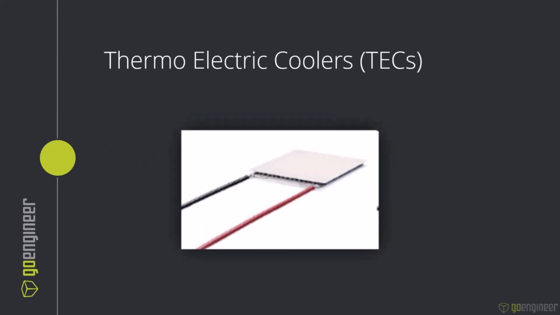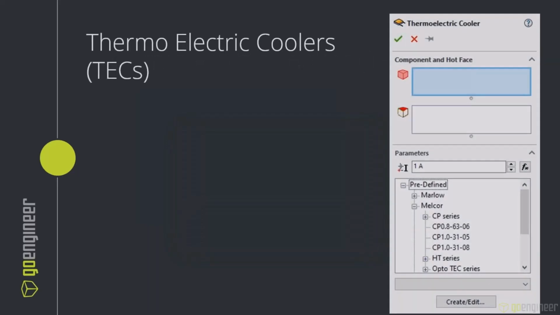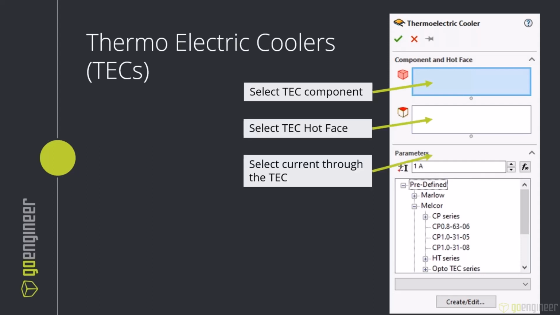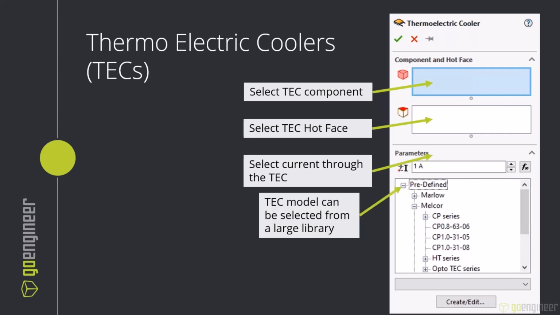We'll talk more about that in a minute, but basically they work similar to all these. When you insert the tool, you select the component, you select which face is the hot face, you select how much current is passing through it, and then select the model.